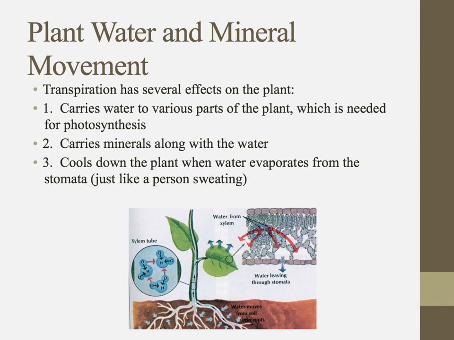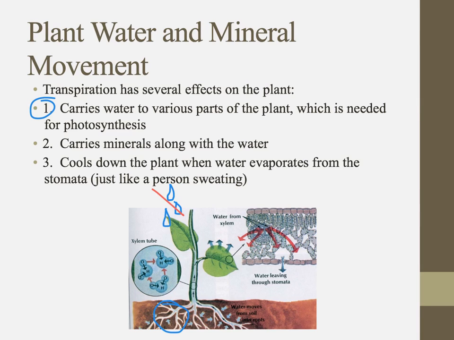Okay, so this is a super important process, okay, for plants. So it kind of sounds bad that we're losing the water. It's not all bad. Okay, the first thing it's going to do is it's going to carry water to various parts of the plant. Okay, we know that water is only absorbed by the roots. It doesn't matter how much it rains on a plant. Okay, the leaves have no way of absorbing that water.